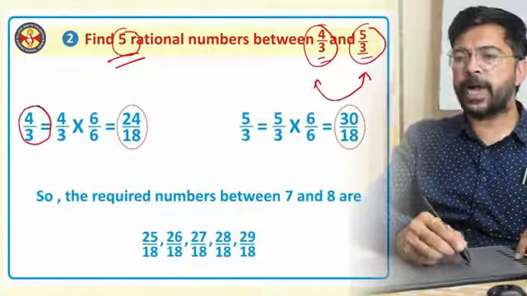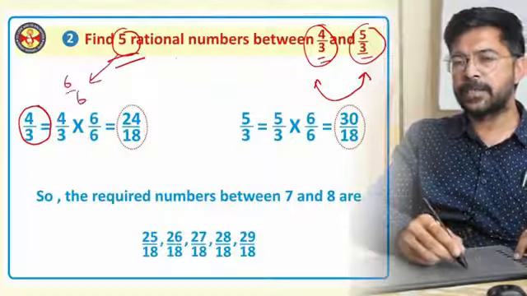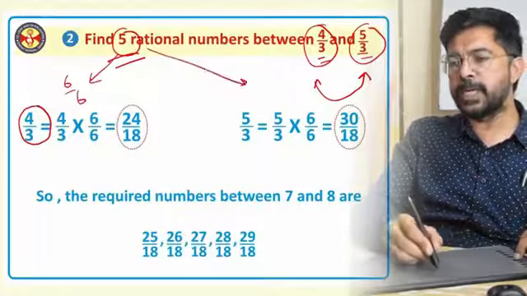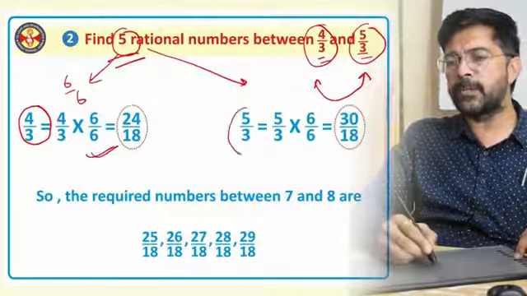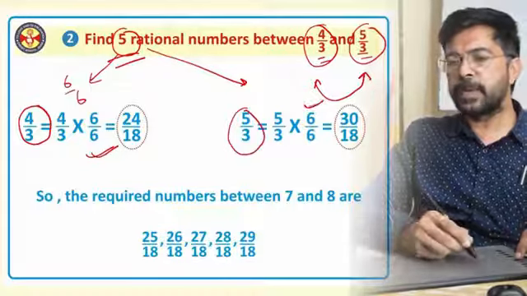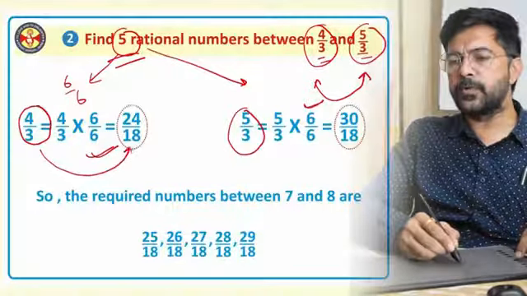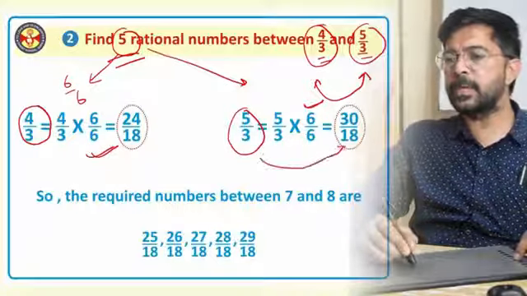Now in the first situation we also discussed, if we have to find 5 rational numbers, then we have to multiply by 6 upon 6. So we will multiply 4 upon 3 by 6 upon 6, as well as we will multiply 5 upon 3 by 6 upon 6. So 4 upon 3 becomes 24 upon 18, and 5 upon 3 becomes 30 upon 18.